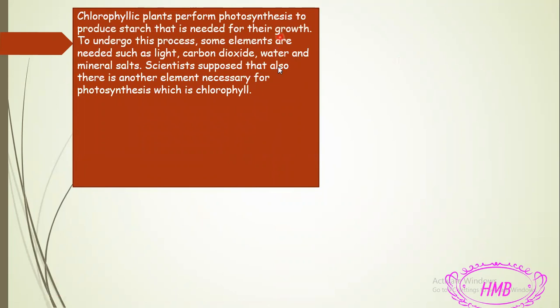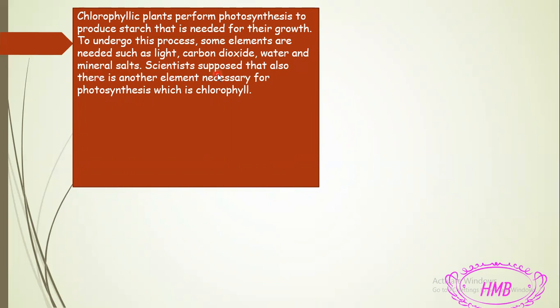Now, we will continue this lesson, and we have another experiment, and this experiment will be starting on chlorophyll plants. Chlorophyll plants perform photosynthesis to produce starch that is needed for their growth. To make photosynthesis, some elements are needed, such as light, carbon dioxide, water, and mineral salts.